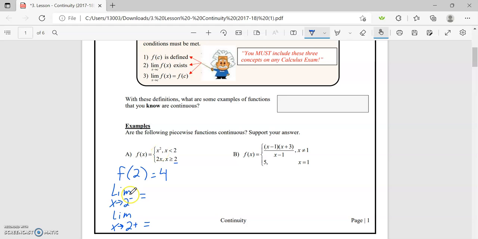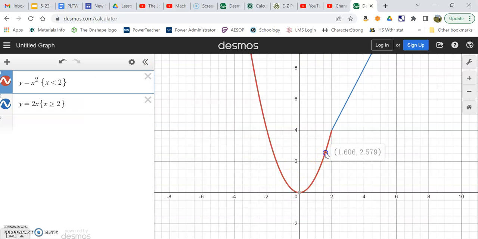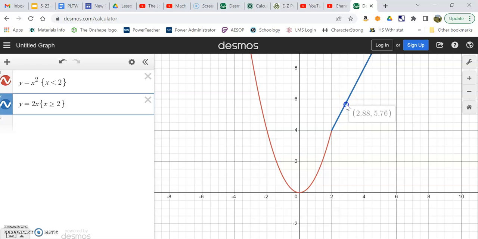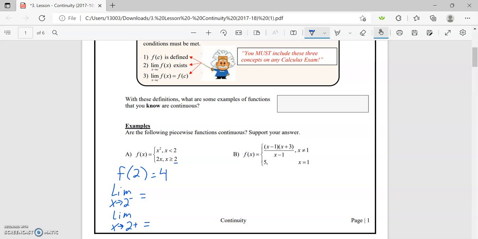As we're approaching 2 from the left, we could even look at it graphically, we're heading towards 4. As we're heading towards 2 from the right, we are in a different equation, but you notice we're still tending towards 4.